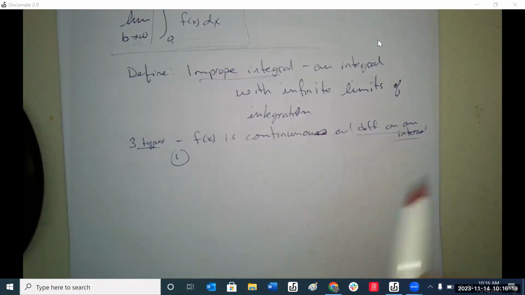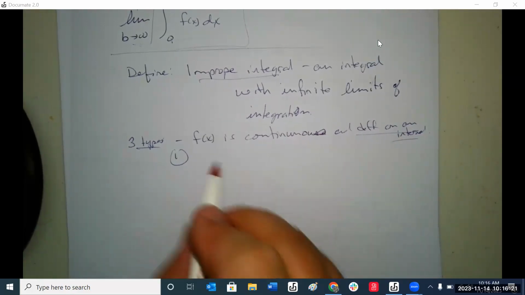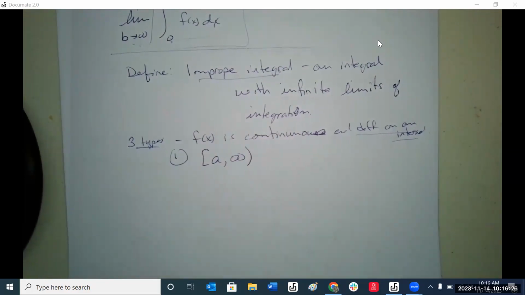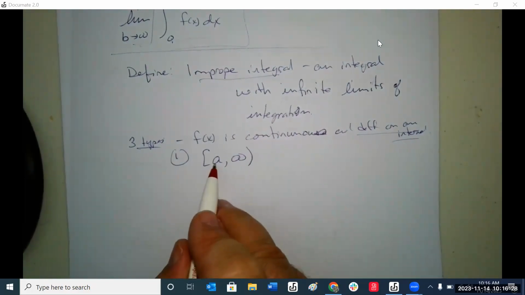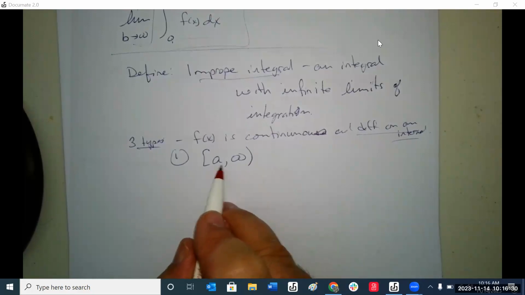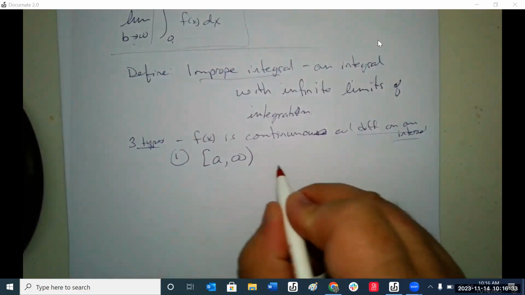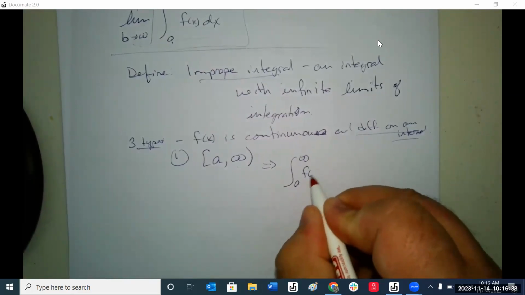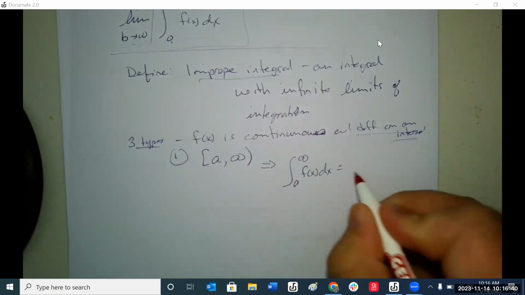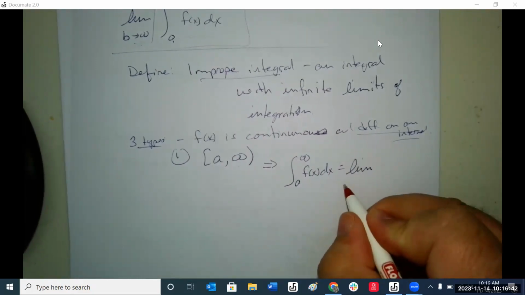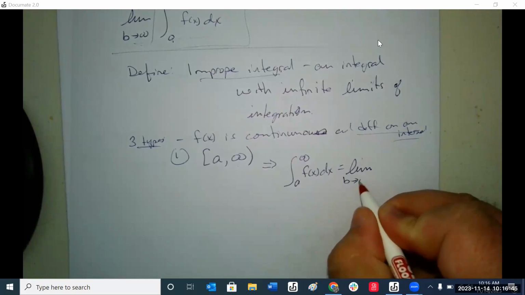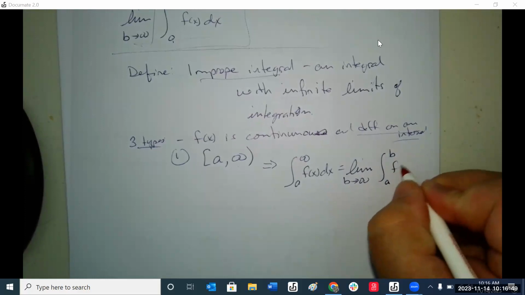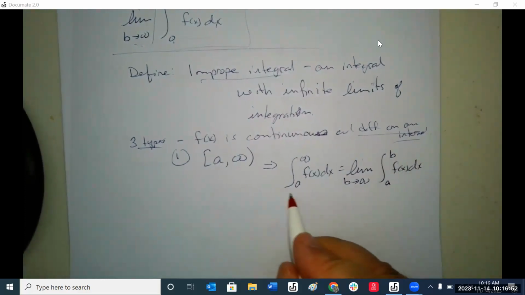It's the interval that's the question. So the first one, if our bounds of integration is from some value to infinity, then we get the integral of f of x dx is equal to the limit as b goes to infinity from a to b. So there's our first one.